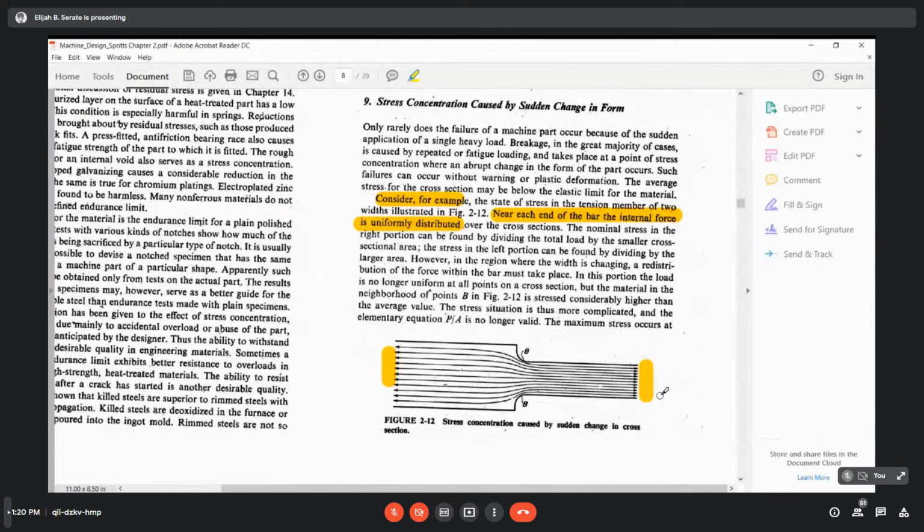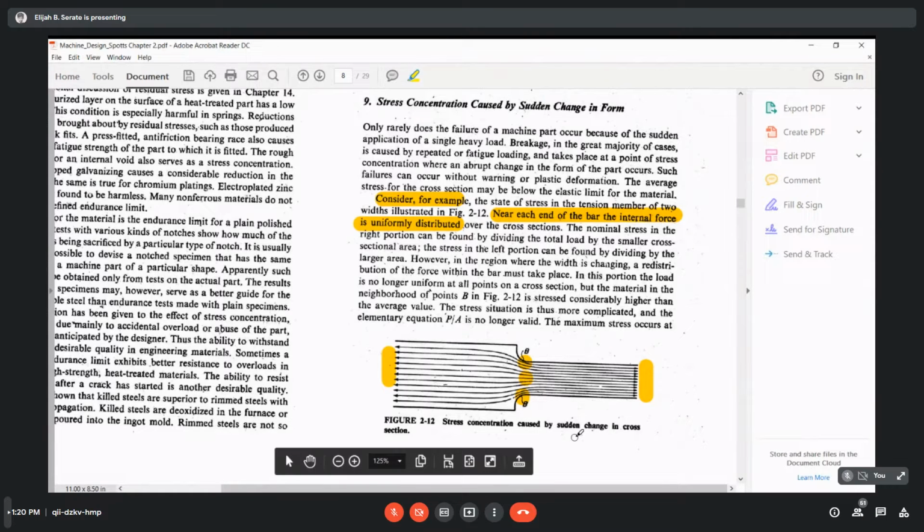And that is represented by the equal spacing of the arrows. Uniformly distributed. You will notice that the arrows are equally spaced on the left end and on the right end. However, when you reach the portion in the middle where there is B, you will notice that there is a crowding near the surface of the arrows, and it is not the same spacing as in the middle.